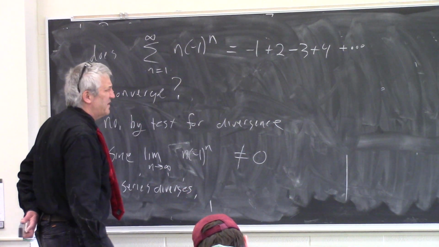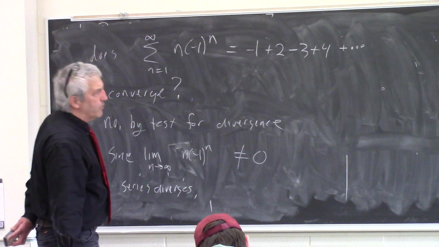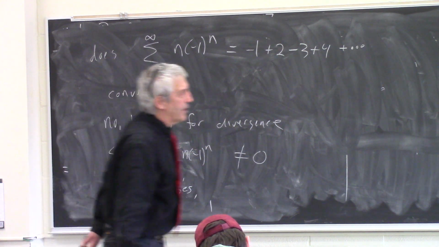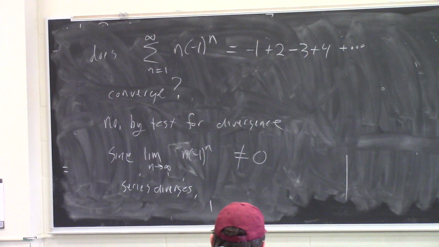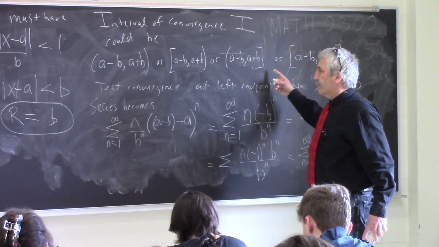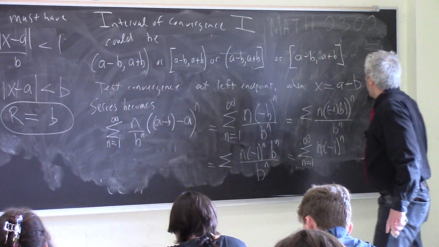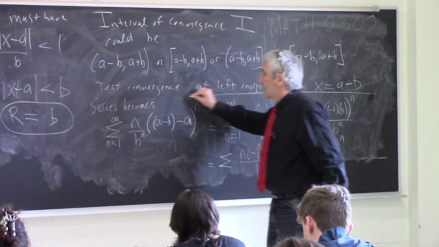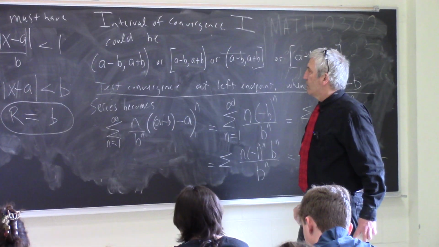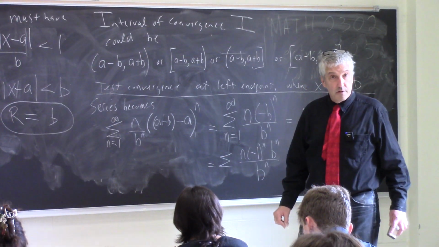So what were we doing here? We were testing to see if the number x, so go back over to here. We had all these possibilities for the interval of convergence. And what we've just found out is at the left endpoint, the series does not converge. So the left endpoint is not in the interval of convergence.